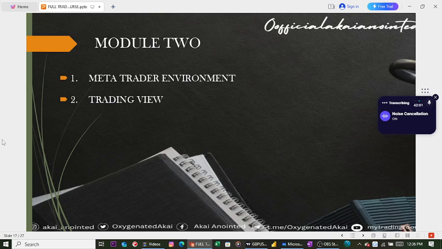Make sure that your MetaTrader is downloaded, your TradingView is downloaded too, your TradingView on your laptop, your MetaTrader on your phone. You can also download TradingView on your phone, but I don't use it. I use my TradingView on my laptop for analysis, and I make my entries with my phone. So that is what you need to know for this course.